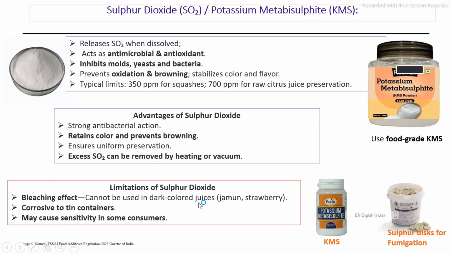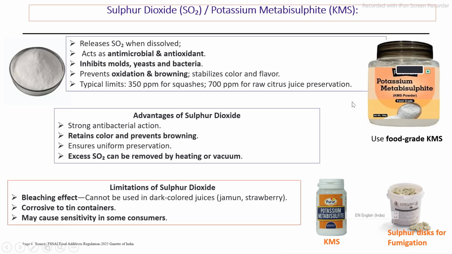For highly colored foods, we cannot use potassium metabisulfite. It is very useful for amla processing, where the bleaching effect is important to retain the original color of the product. In dehydrated products, jams, jellies, marmalade, and other fruit and vegetable products, potassium metabisulfite is very effective, and its effectiveness lasts longer.